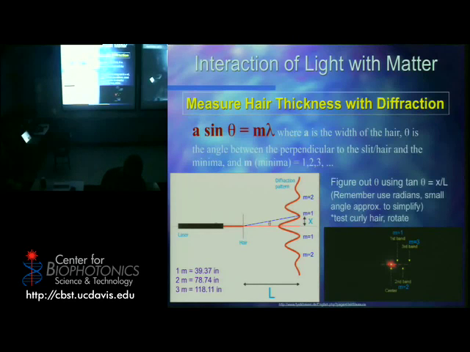Alright, these numbers are a little bit different. How different? Well, it should be the same. The hair length should be the same.